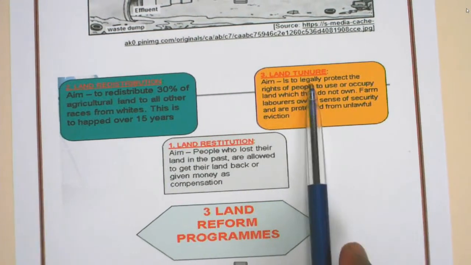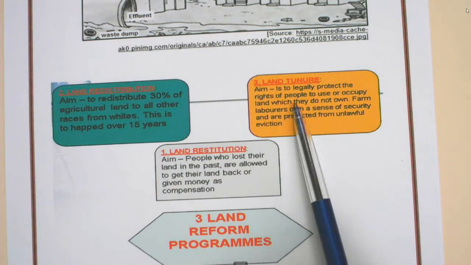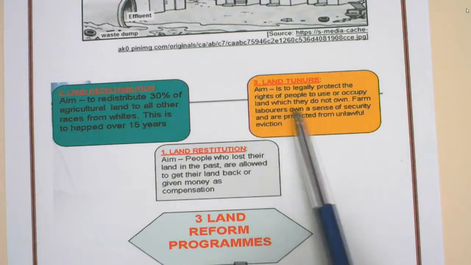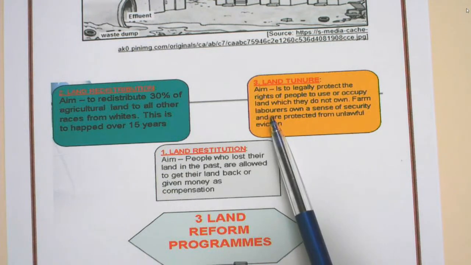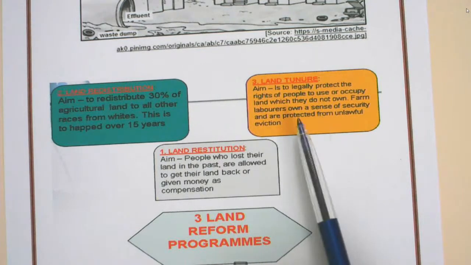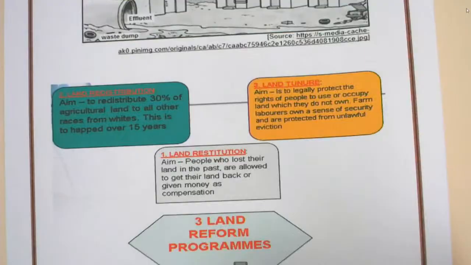Land tenure: the aim is to legally protect the rights of people to use or occupy land which they do not own. Farm laborers gain a sense of security and are protected from unlawful eviction. Right?